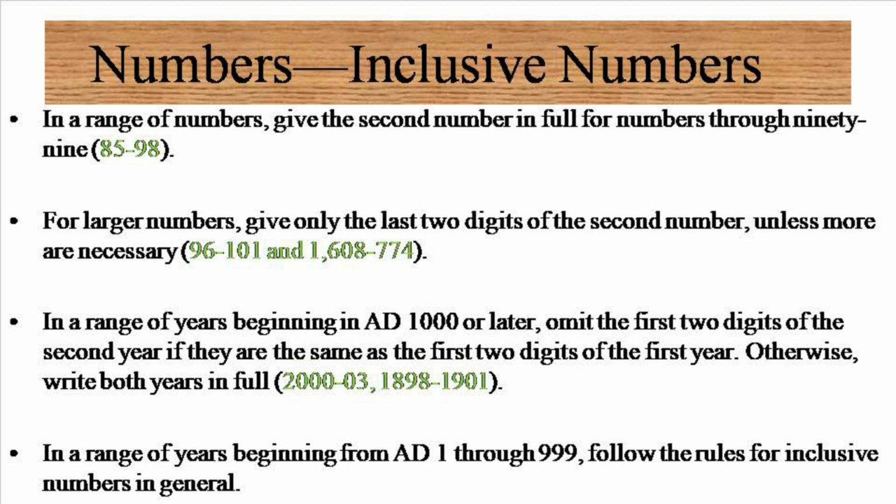In a range of years beginning in AD 1000 or later, omit the first two digits of the second year if they are the same as the first two digits of the first year. Otherwise, you can write both the years in full. In a range of years beginning from AD 1 through 999, follow the rules for inclusive numbers in general.